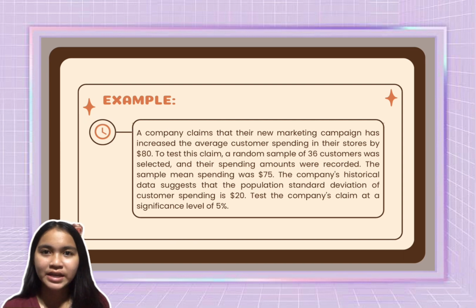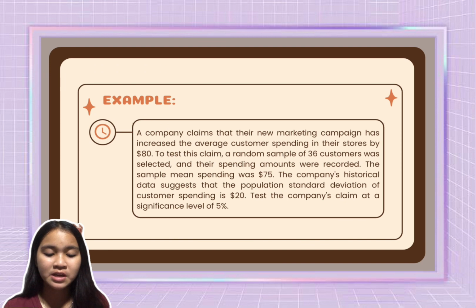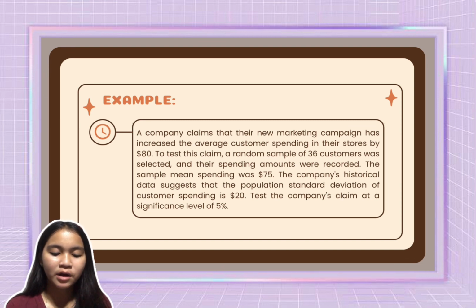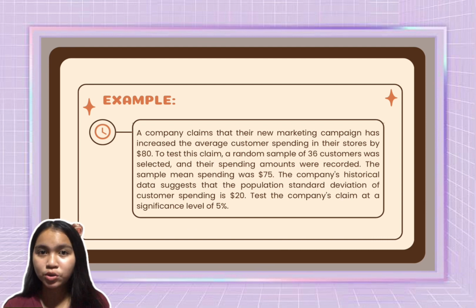So, the example is, a company claims that their new marketing campaign has increased the average customer spending in their stores by $80. To test this claim, a random sample of 36 customers was selected, and their spending amounts were recorded.